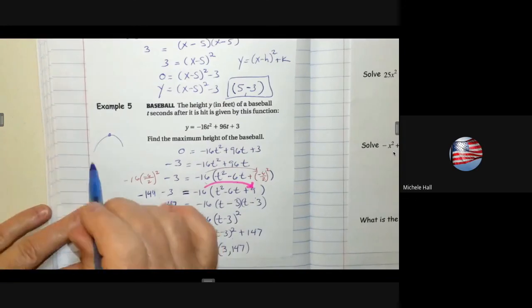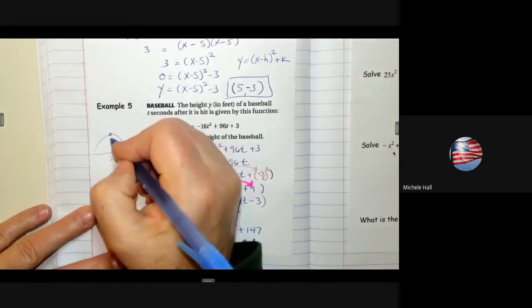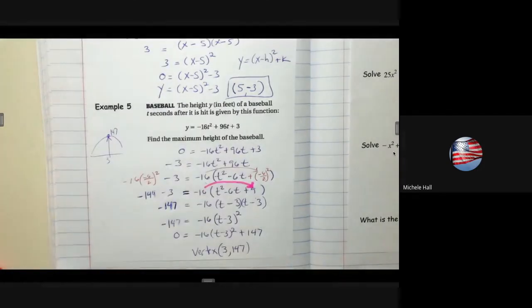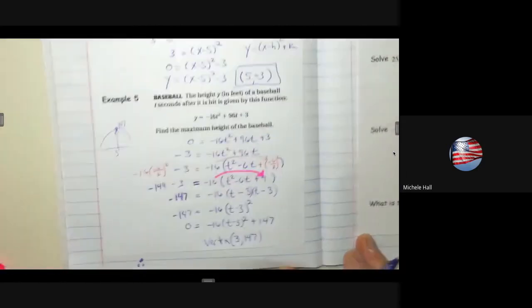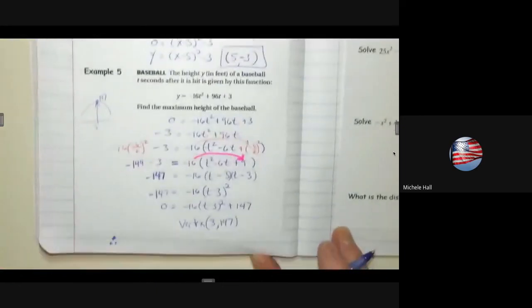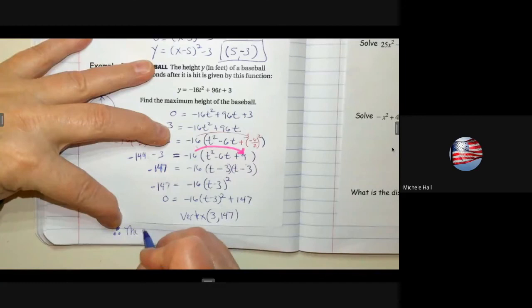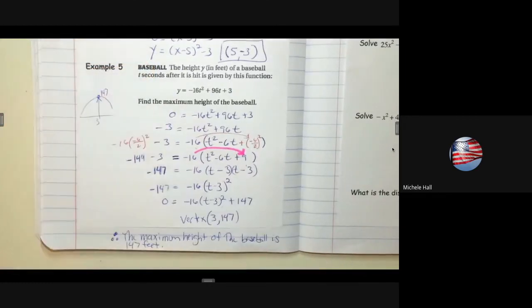So 3, and then the height here is 147. The maximum height of the baseball is 147 feet. Therefore, the maximum height of the baseball is 147.